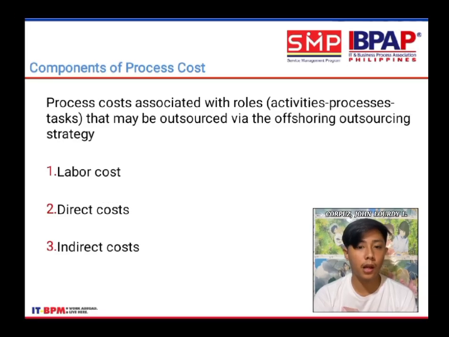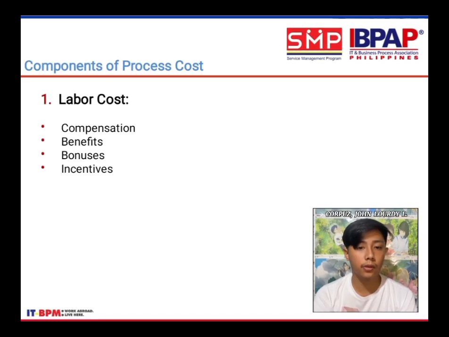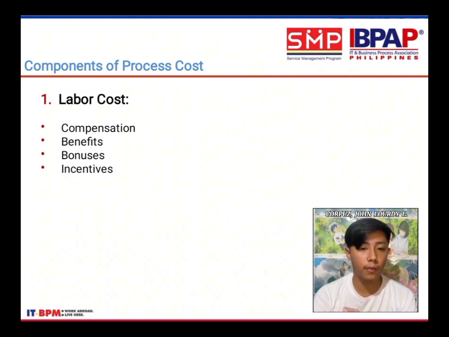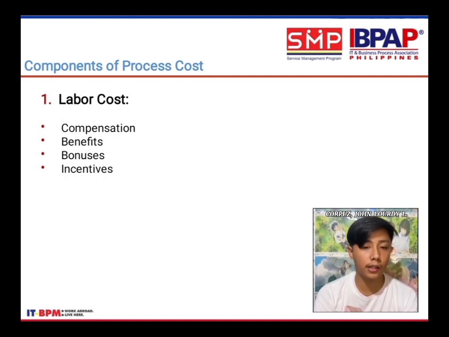Labor cost is the amount of money a company pays to its employees in wages and benefits for the work they do. Labor cost refers to the total amount of money a business pays to its employees for their work. This includes wages or salaries as well as any additional expenses like benefits, bonuses, and payroll taxes.